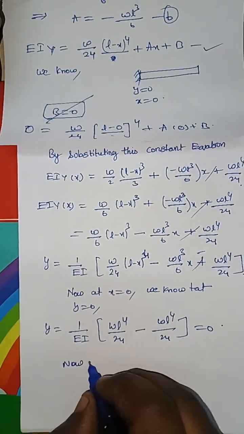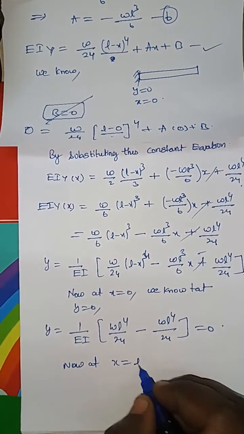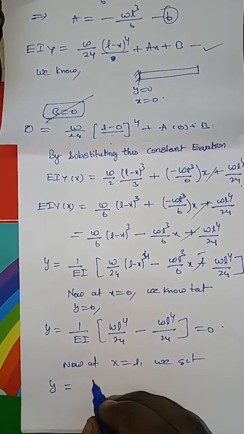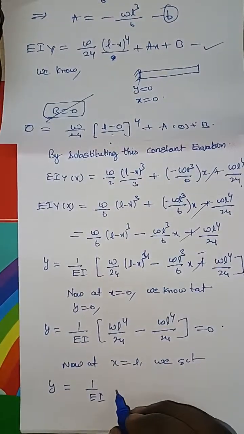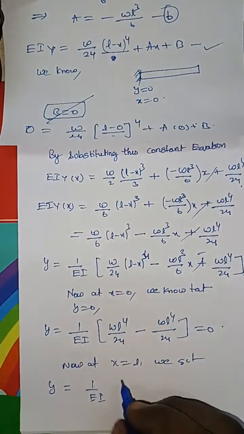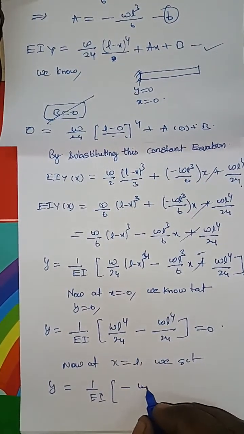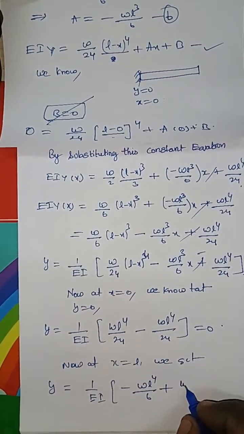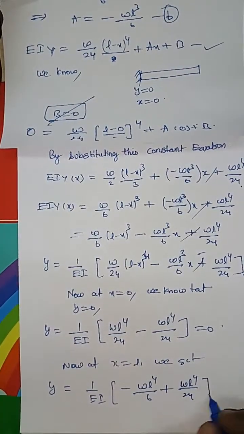Now at x is equal to L, we get 1 by EI, and this first term becomes 0. So all that is left is minus W L power 4 by 6 plus W L power 4 by 24.